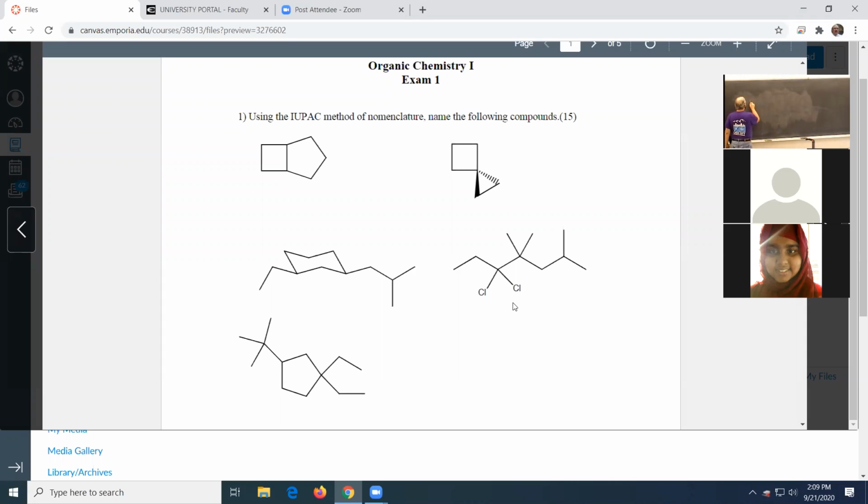So it'd be 3,3-dichloro. And we have 3 methyls. So that is 4,4,6-trimethyl. And it would be heptane.